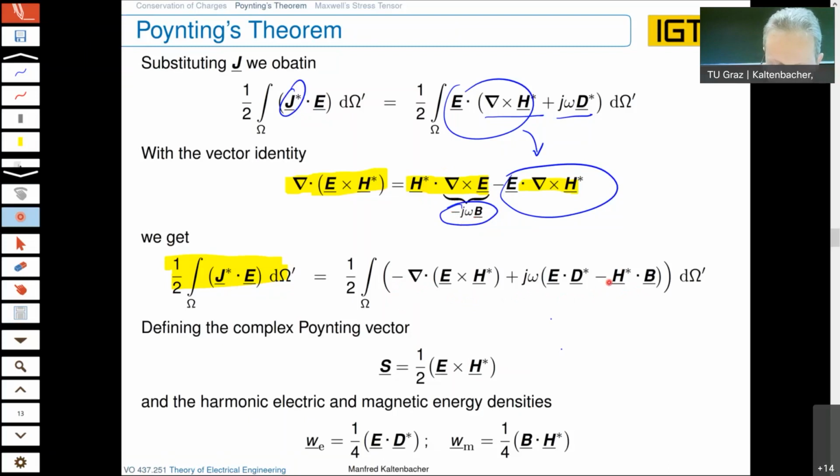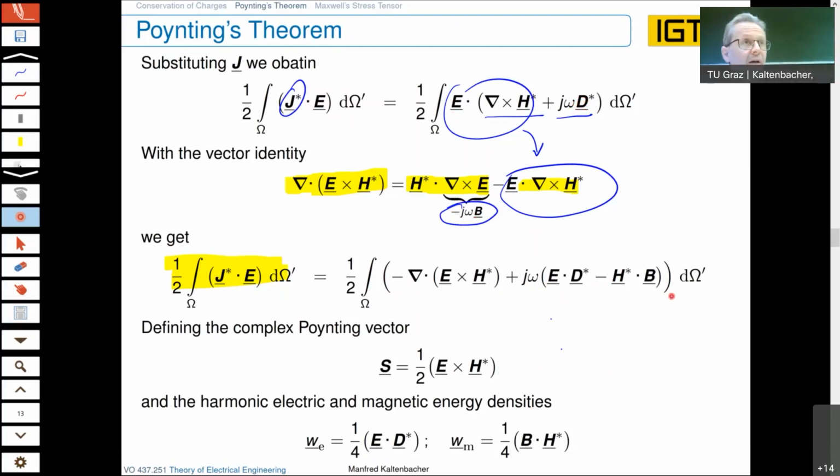Therefore, we have this minus here. And we should not forget this term at the end here, where we have the dot product between E and D conjugate complex scaled with j omega. This j omega is in front of the parentheses.